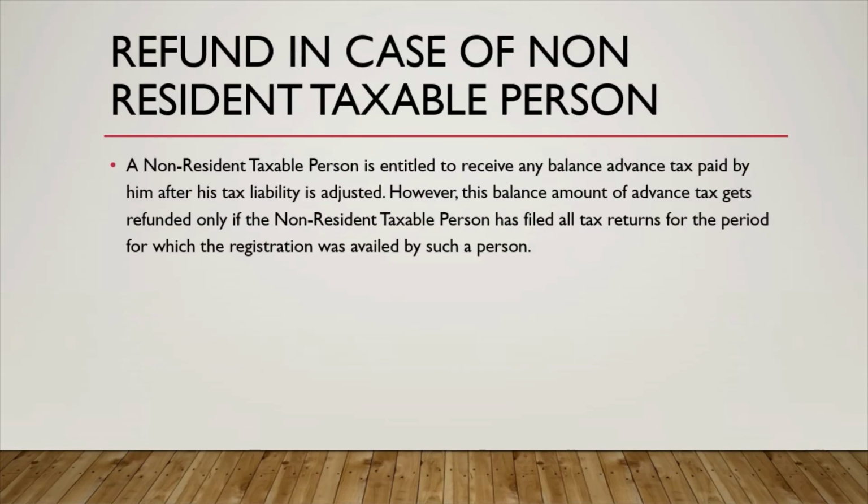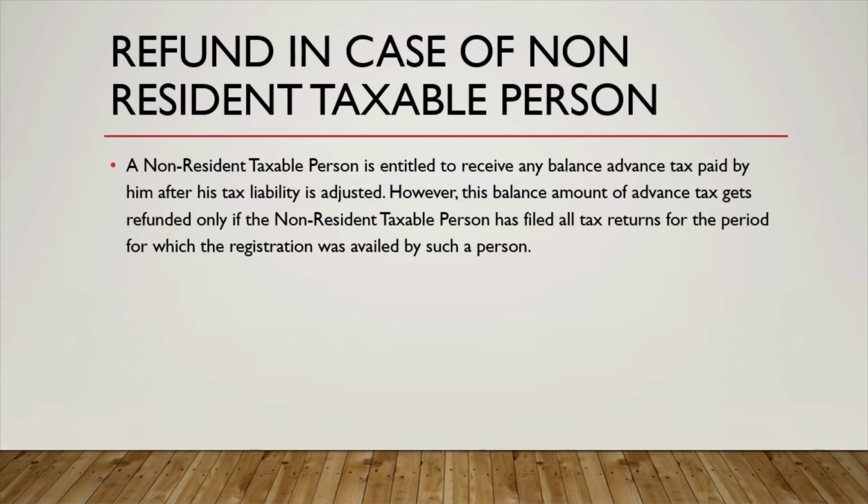Now refund in case of a non-resident taxable person. Why may there be a need for refund? Refund may arise due to the possibility of a change in the estimated tax liability, because that person paid the advance tax, estimating the tax liability arising, and now the actual tax liability may be different.